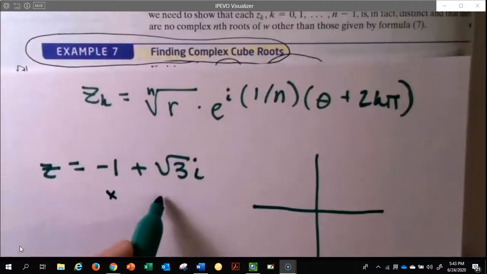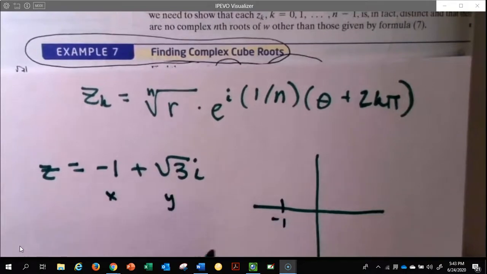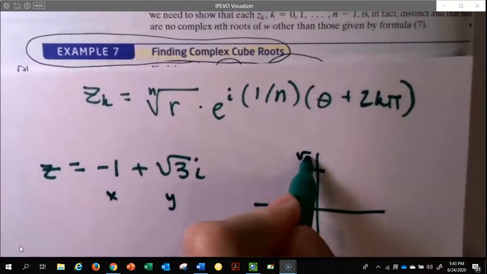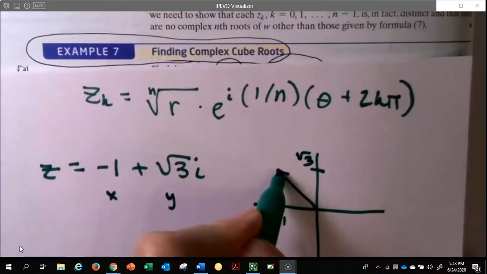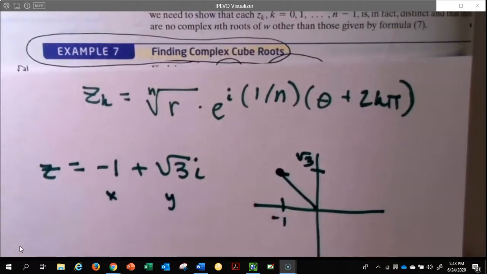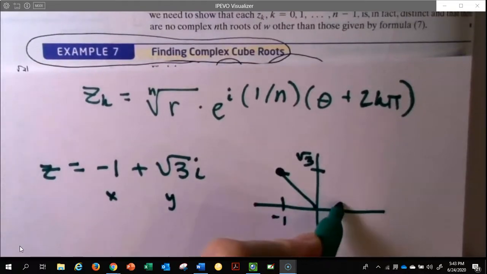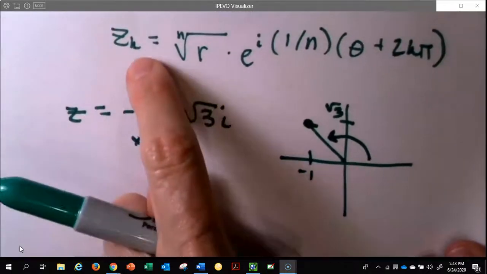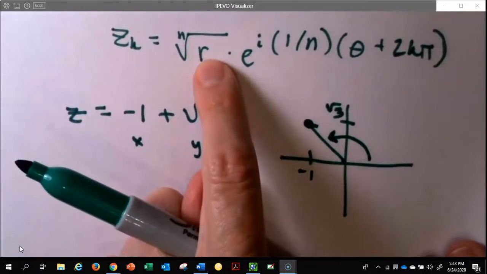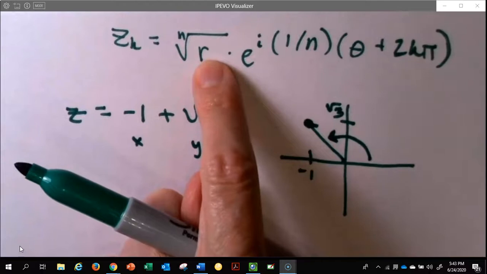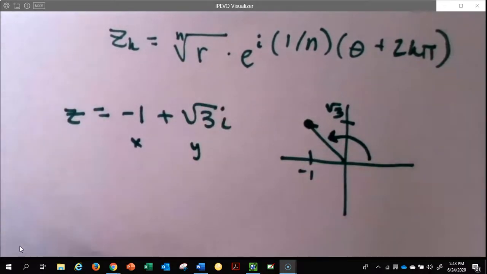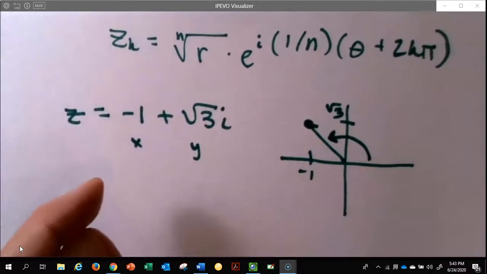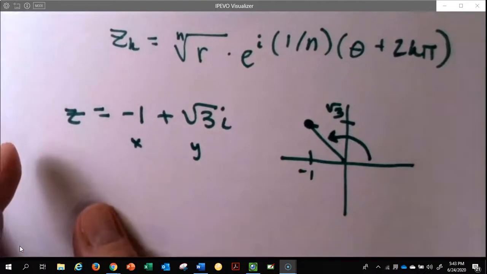If this is my x and this is my y, I'm at negative 1, square root of 3. It's asking for this complex number, what will be its cube roots? And we're going to have 3 of them, because we're going to let k equal 0, k equal 1, and k equal 2, which is 3 minus 1.